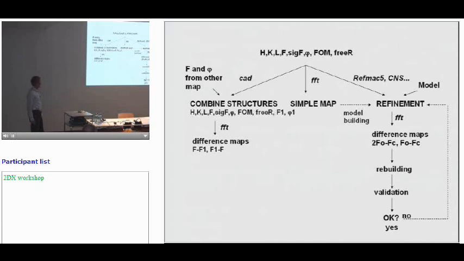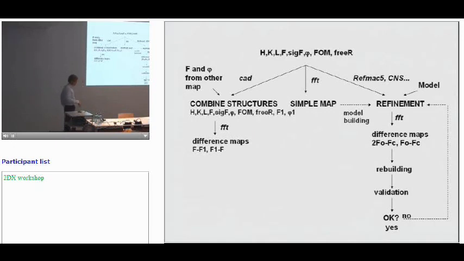The simple map is calculated by the FFT routine in the CCP4 package. There is a special routine if you have P1. If you have expanded your data set to P1, for instance, you can use a special FFT program which is called FFT Big.